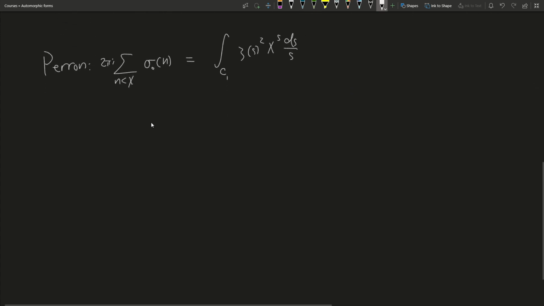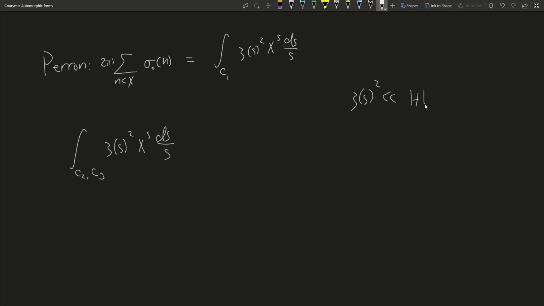So along C2 and C3, for the integral of zeta of s squared x to the s ds over s, here we can use the convexity bound. And so the convexity bound here is that zeta of s squared is at most t to the, so normally it's 1/2 minus sigma over 2 for one power of zeta, and we're squaring it.